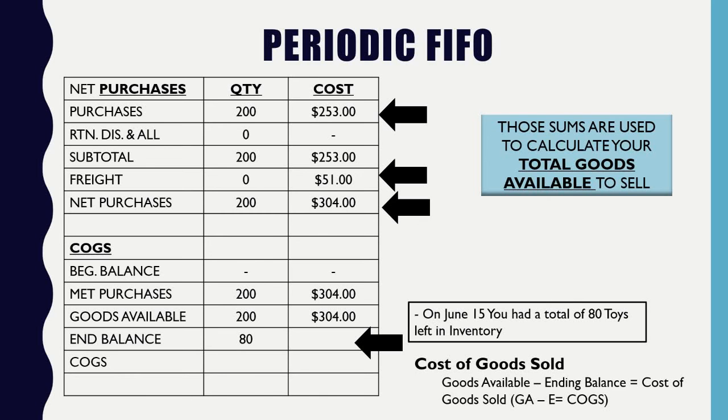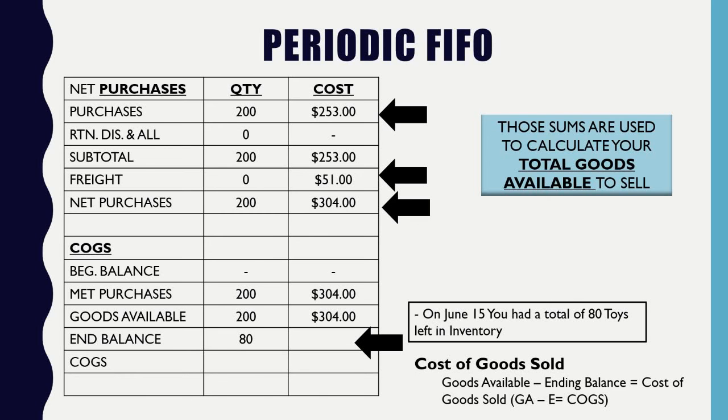And then what's going to happen next is, now we have net purchases. Net purchases is exactly what we saw from right above. We're just going to pull that information down, and this is going to be our total goods available, right? We're adding 0 to 200. That gives us a total available of 200 items, okay? And of course, our total cost is going to be $304.